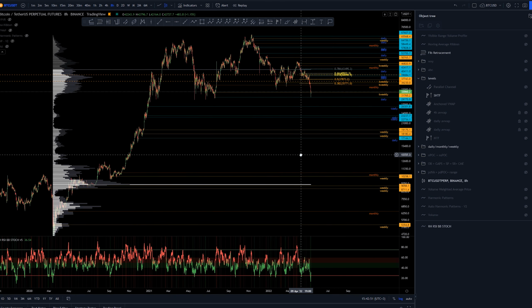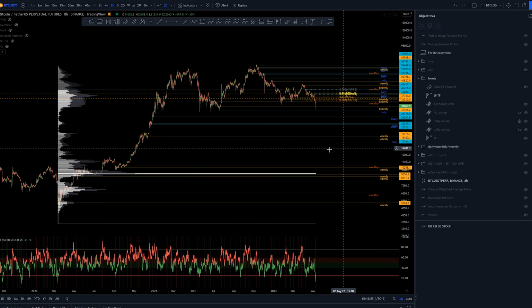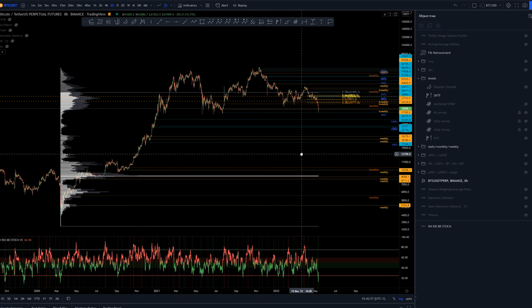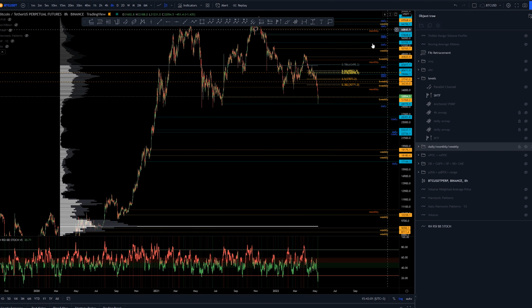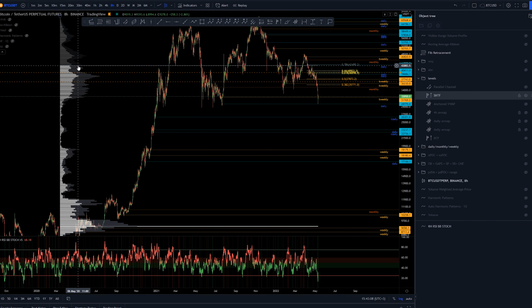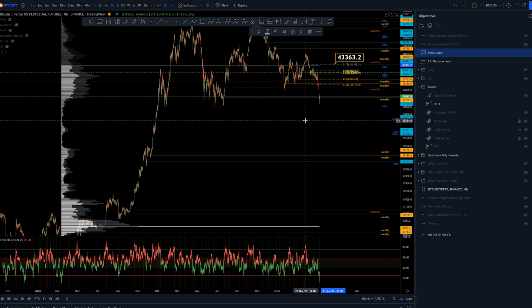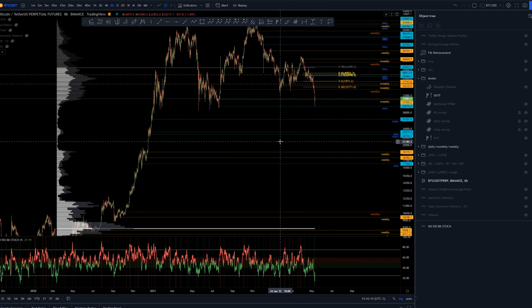We can always prepare for the worst scenario we can see or even think possible, and we should. Above us again, that's 40k area, and then the range point or value area high around 43.4k as well. Going to be some nice resistance.